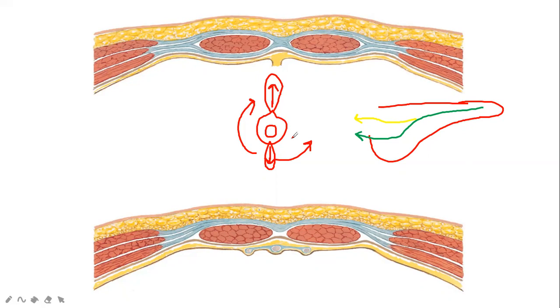So I think the main pancreatic duct, it's formed from the entire ventral pancreatic duct, and then the dorsal pancreatic duct, part of it, I think the distal part of the dorsal pancreatic duct. These two form the main pancreatic duct.